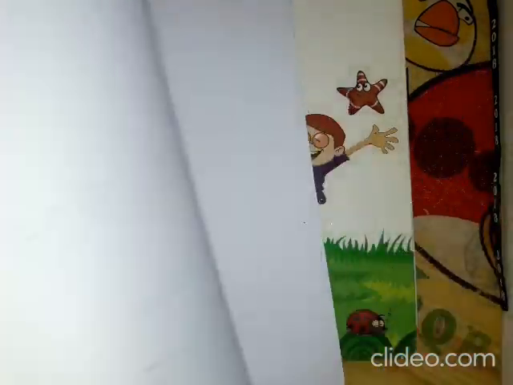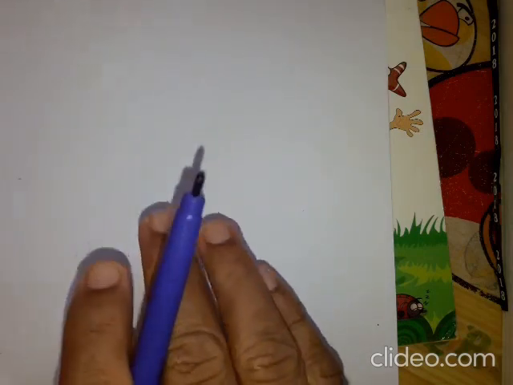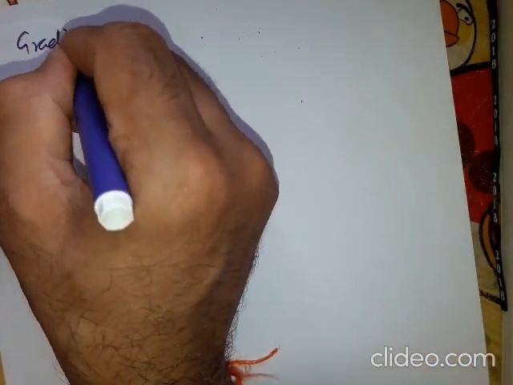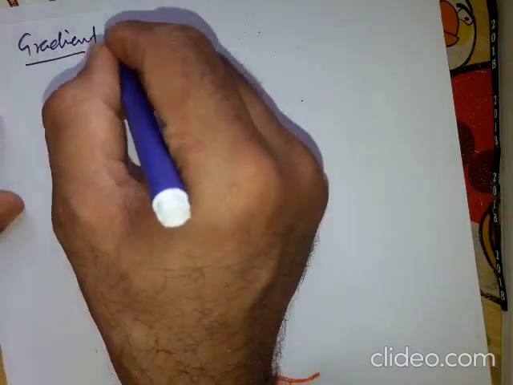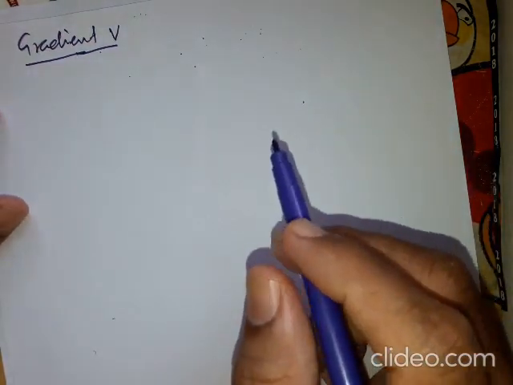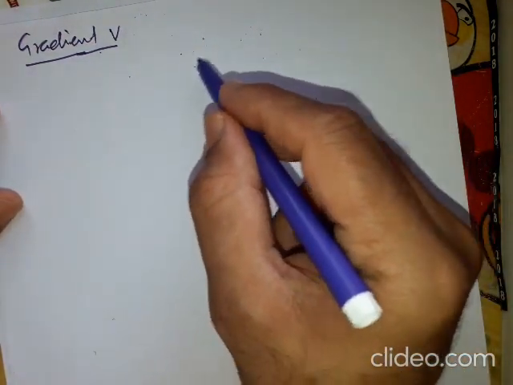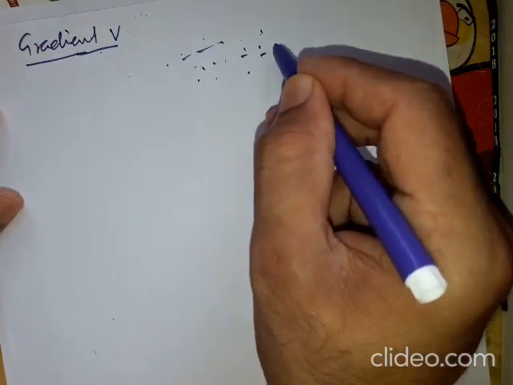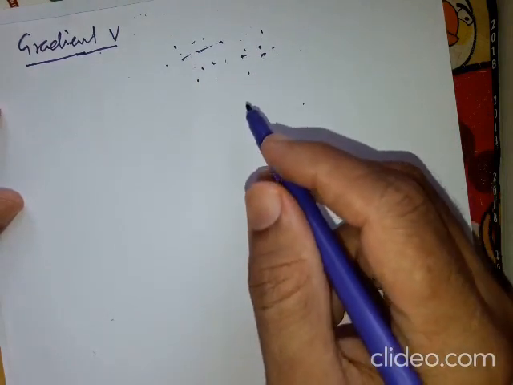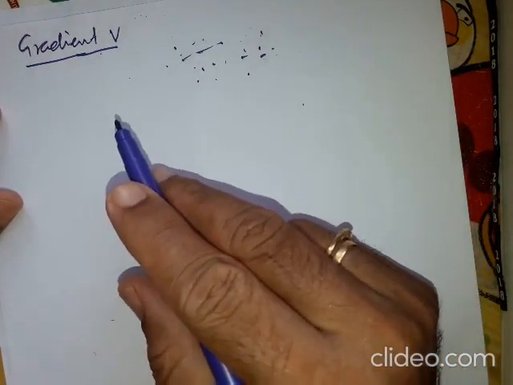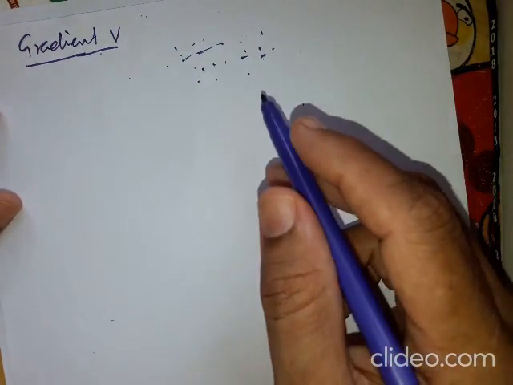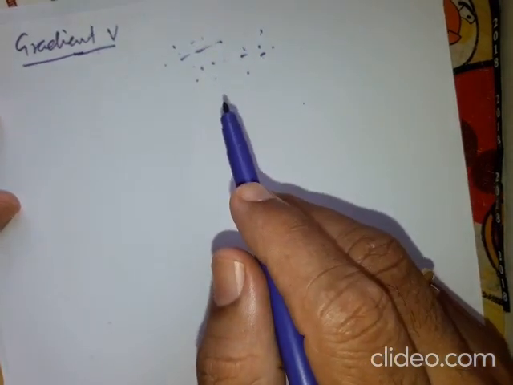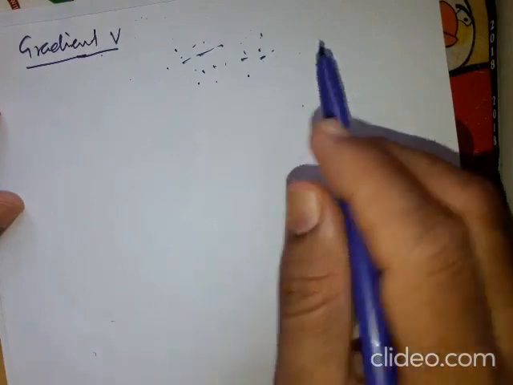Now let us see what is gradient. Gradient of V. Imagine a space where all points have the same potential. Then there can't be any electric field. Electric field will exist only when there is a potential difference.